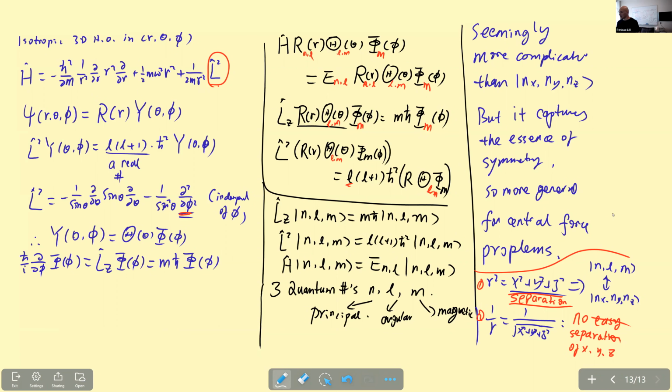I will sometimes use the 3D isotropic harmonic oscillator as an example to show the features of this. Later we'll also apply this to the 1 over r potential, which is basically the hydrogen atom problem. So let's stop right here today and see if you have questions.